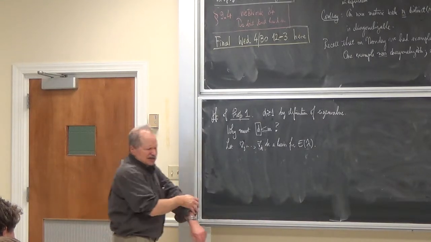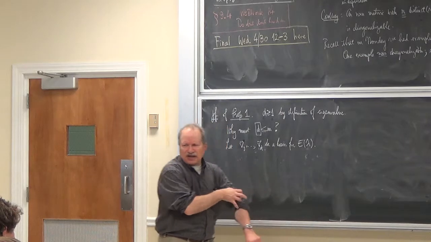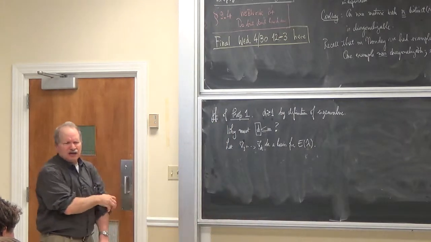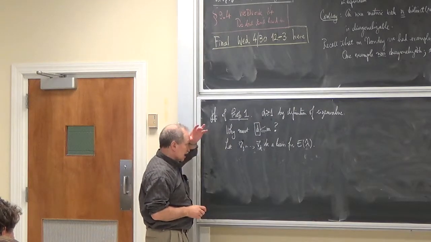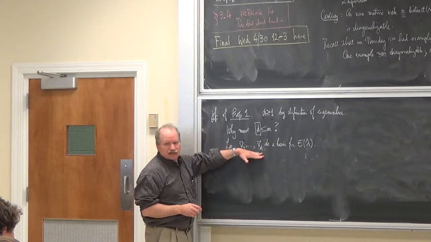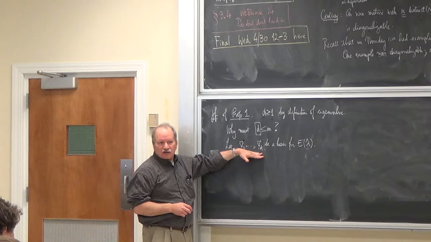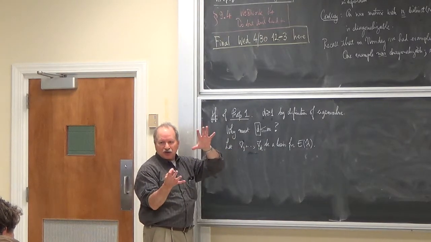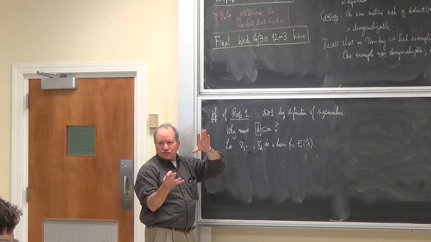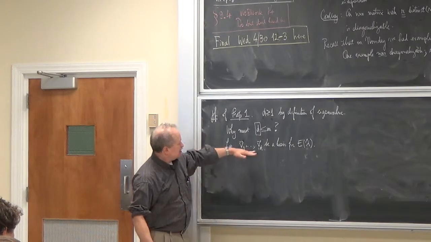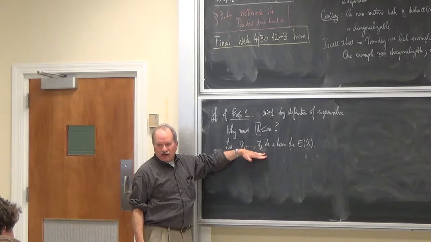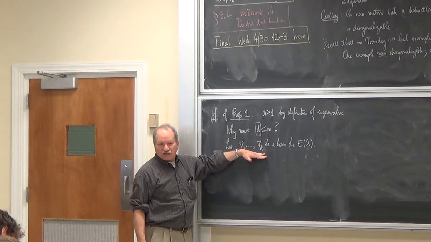Anytime you have a basis for a subspace of the space you're in, what can you always do? Add more vectors to make it a basis for the whole space. Augment that basis with n minus d more vectors so that you end up with a basis for Rn.